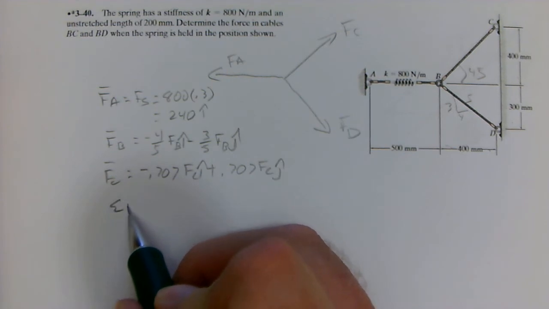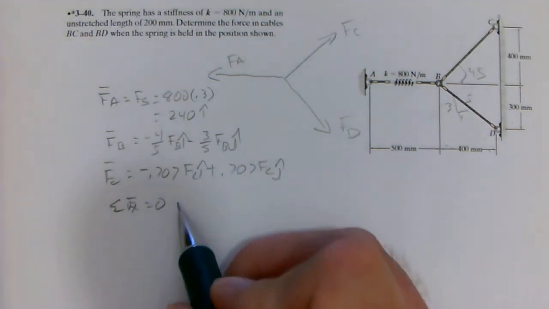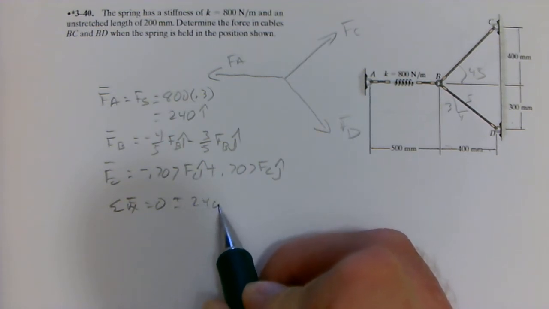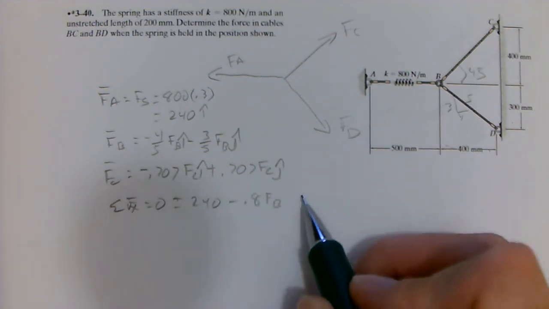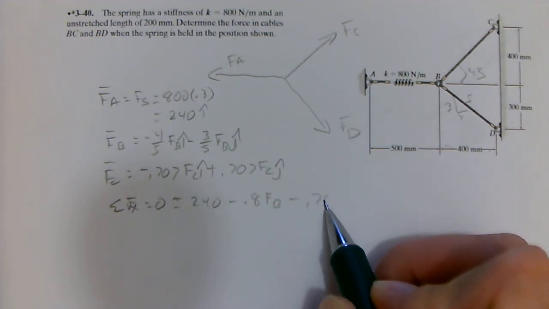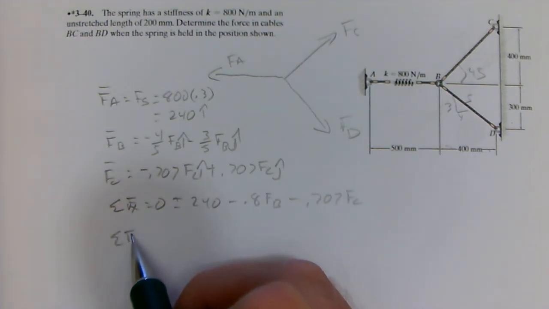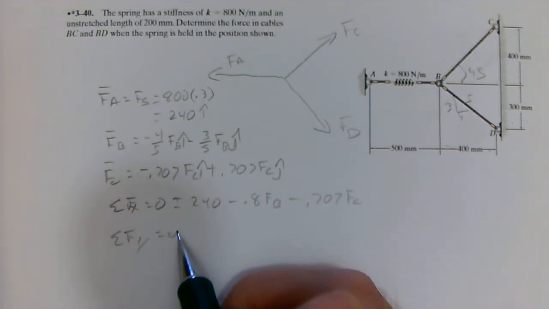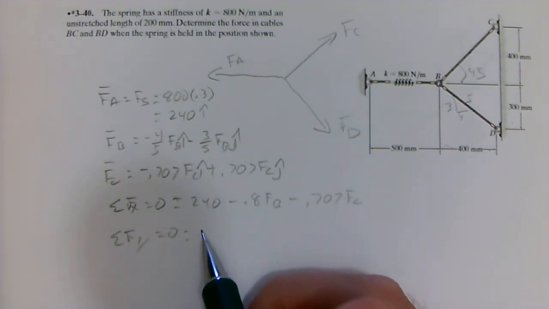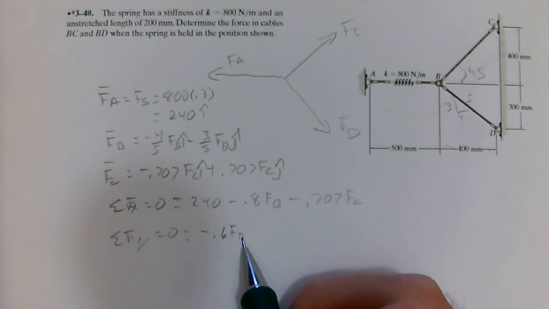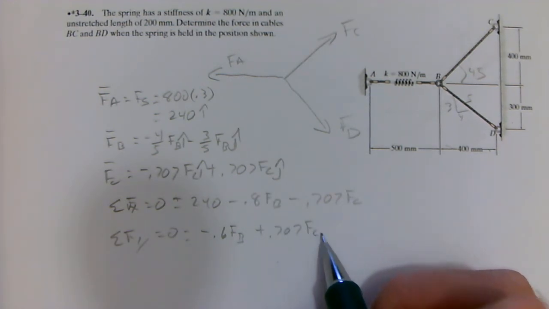Okay, so if we sum the forces in the X direction, we get 0, and that's 240 minus 0.8 FB minus 0.707 FC. Sum the forces in the Y direction, we also get 0, and in the Y direction we have -0.6 FB and plus 0.707 FC.